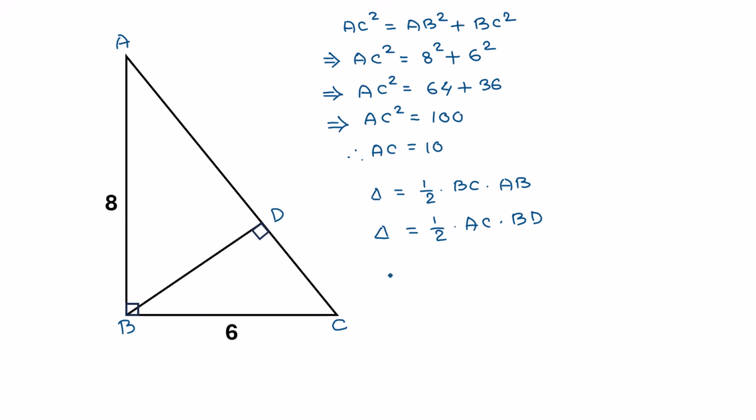So we can write half times BC times AB, so BC times AB, will be equal to half times AC times BD.